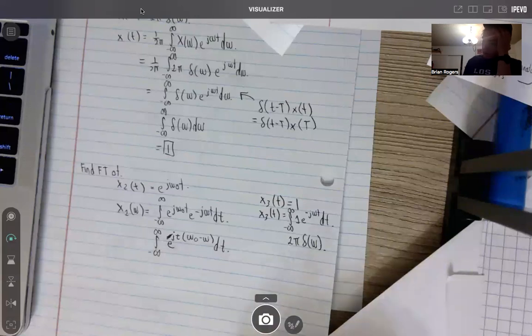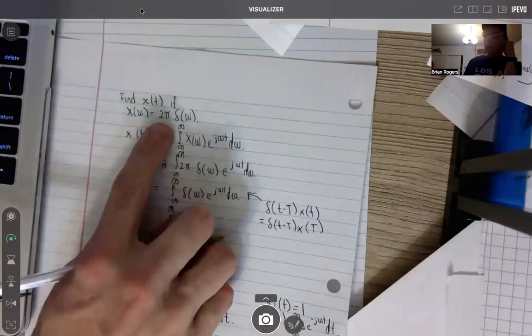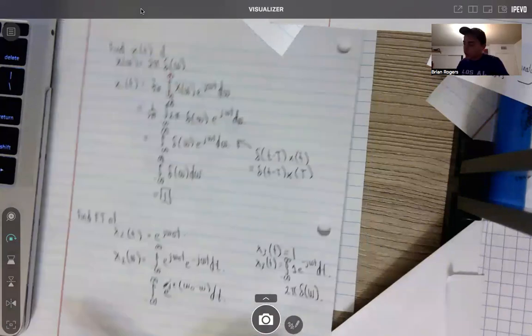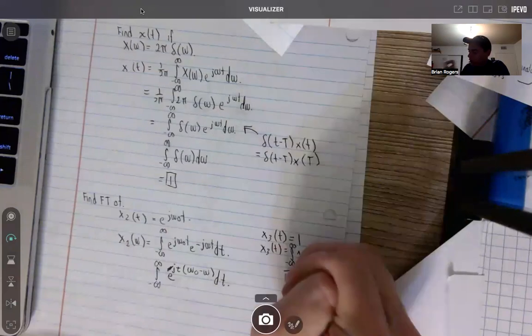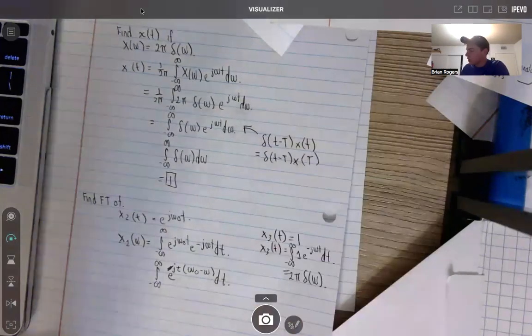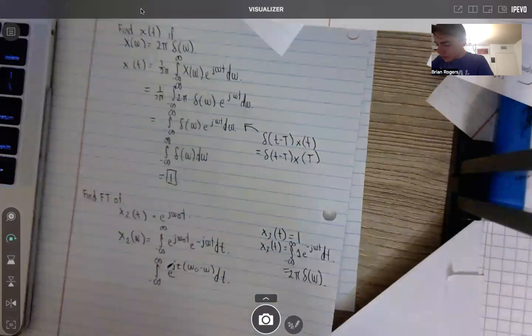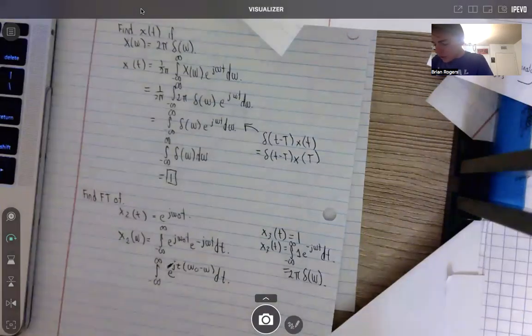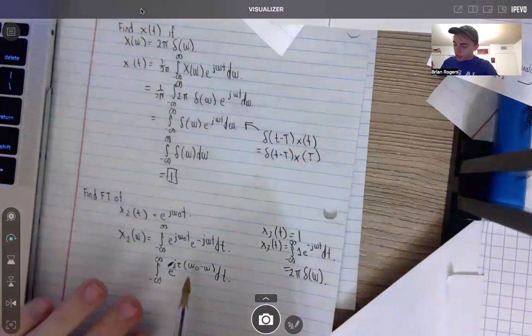Because just from the example up above, we got 1 from 2 pi delta omega. So since we know 1 produces this result, what the difference is here is that x3 has an e to the j omega naught t. And so it's just causing a delay in our input.